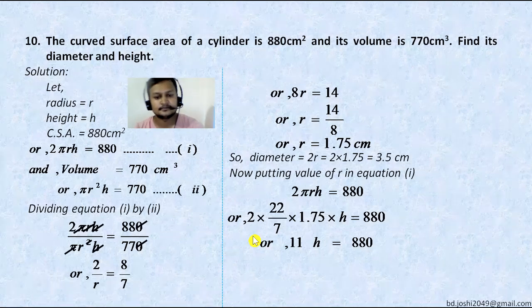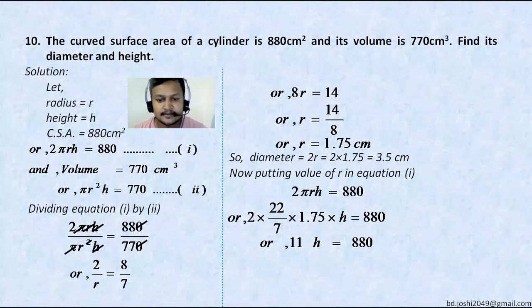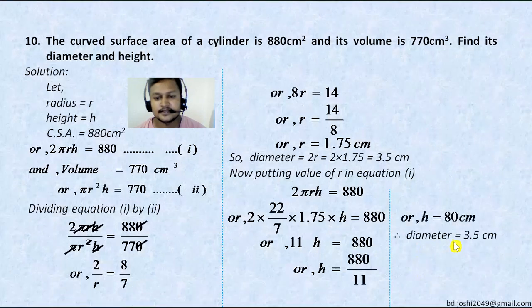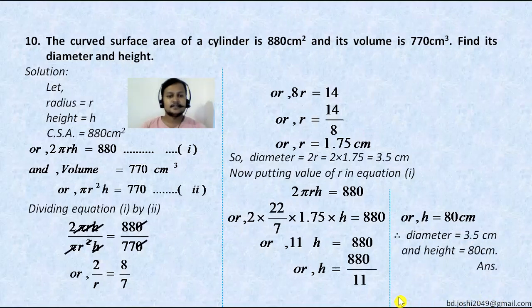Yes, sir, that is 11. Okay. Now divide 880 by 11 to get the value of h. h is equal to 880 divided by 11. 11 8s are 88. That means h is equal to 80 centimeter. So in this way we get diameter is equal to 3.5 centimeter and height is equal to 80 centimeter. These are our required answers.